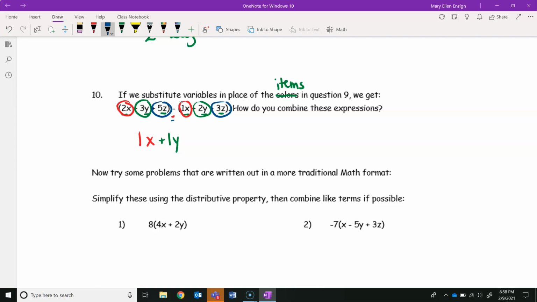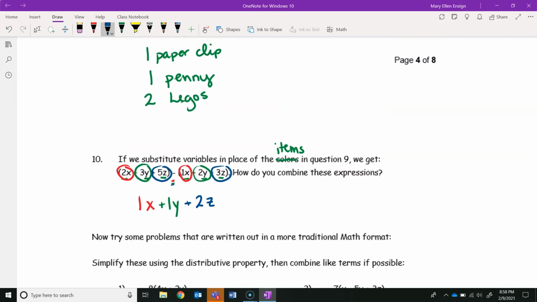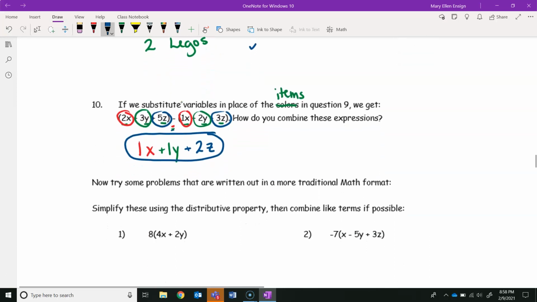So I'm going through this minus every time. So 5z minus 3z is positive 2z. And again, that goes along with what we had here. 1 paper clip, 1 penny, 2 Legos. So what we want to remember is that we cannot just take away the parentheses. So let me show you why not.